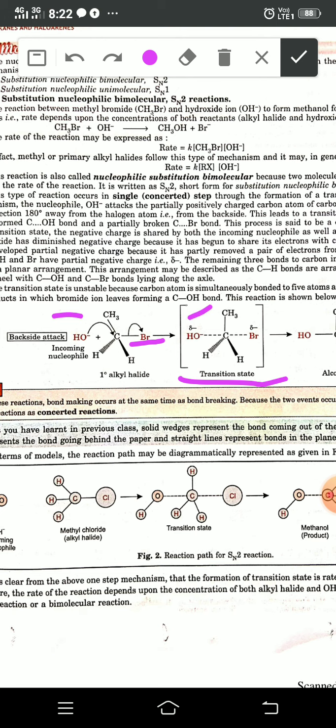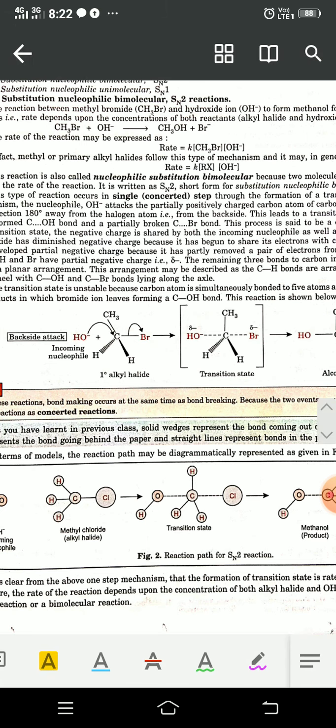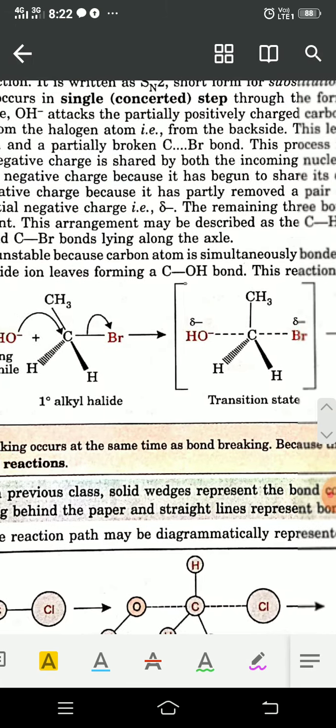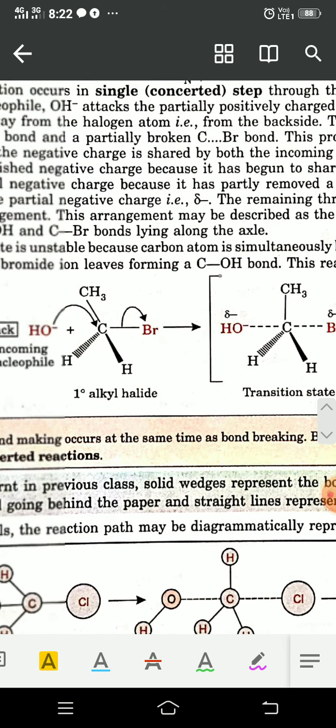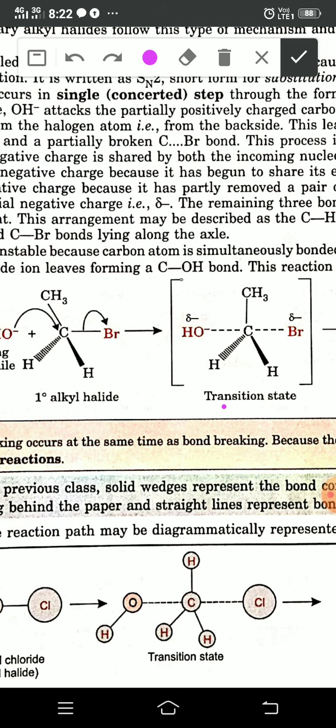At the same time Br is going to leave from this side. Since two molecules are involved at a time in this reaction, that's why it is known as SN2 reaction. This one is the transition state. See here, it is very clear.